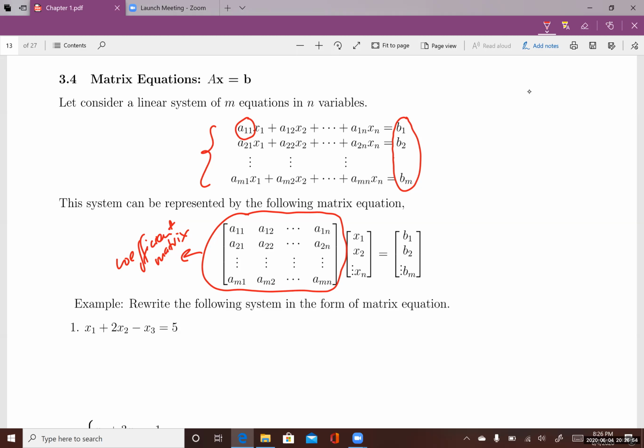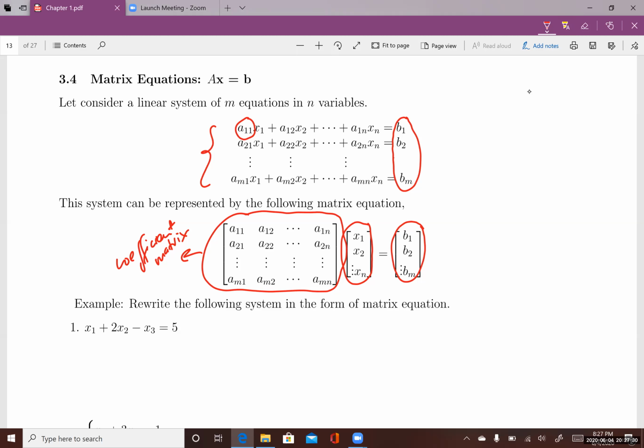Then we have a column vector X, which contains all the variables of the system, X1, X2 to Xn. And on the other side of the equation, we have a column vector B that contains all the constants on the other side of the system of equations.